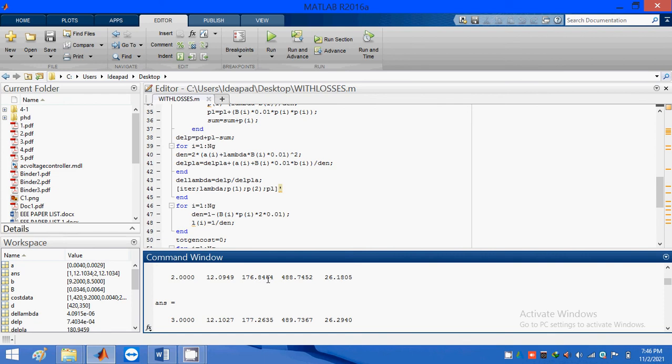With the change of the lambda value, Pg1 and Pg2 automatically change, and the losses also change. We are considering 5 iterations here, changing the lambda value and also Pg1, Pg2 and power losses.